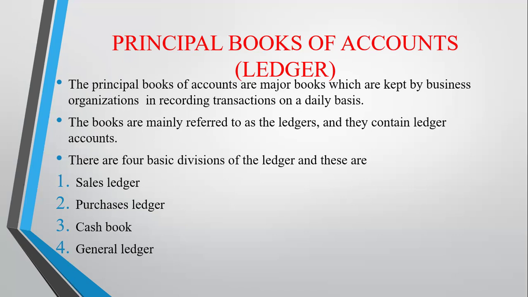That is, all the accounts that do not appear in the sales ledger, purchases ledger, and cash book. All the accounts that cannot be recorded in these ledgers, we record in the general ledger. That is what we call the general ledger.